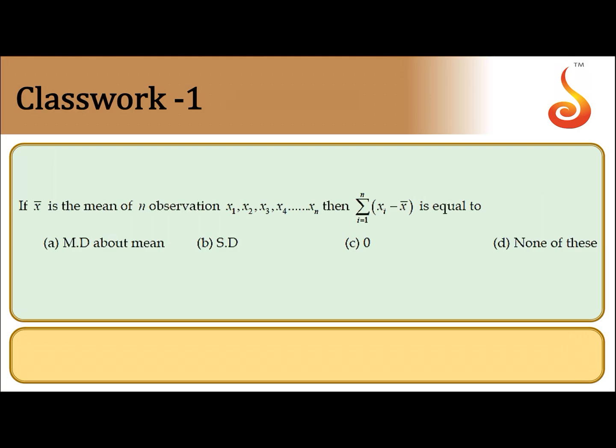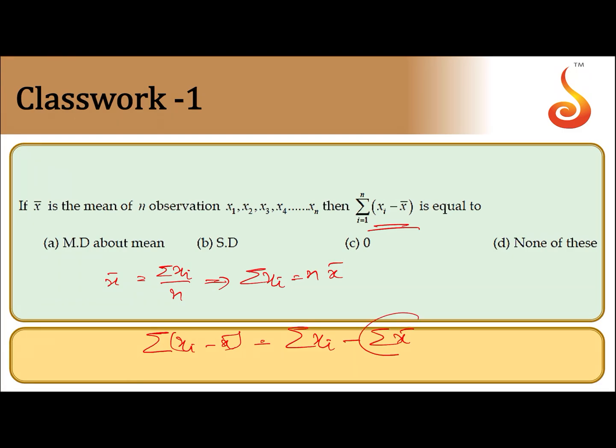If x bar is the mean of n observations, then x bar equals sigma xi divided by n, which implies sigma xi equals n times x bar. So sigma (xi minus x bar) is nothing but sigma xi minus sigma x bar.